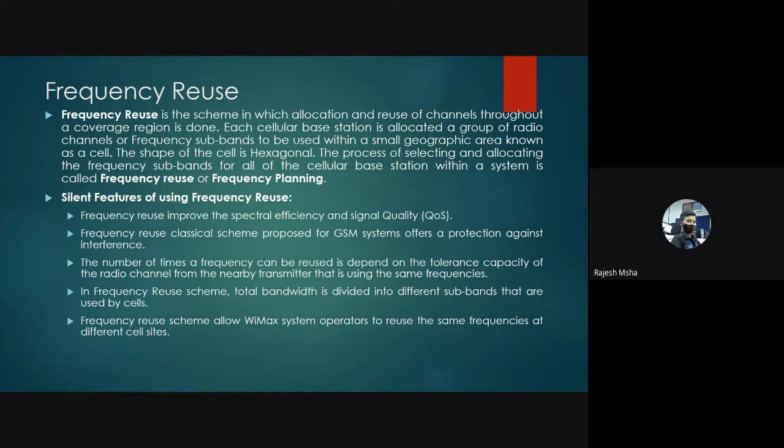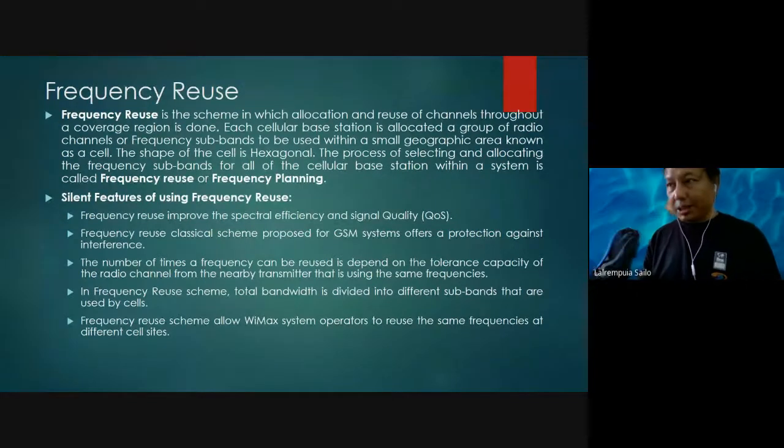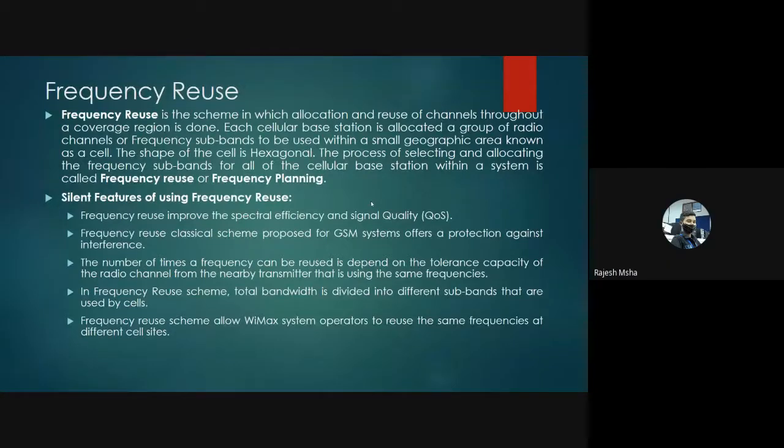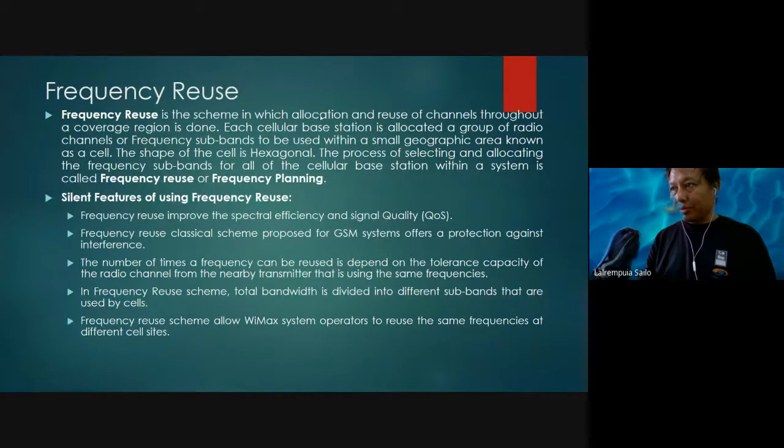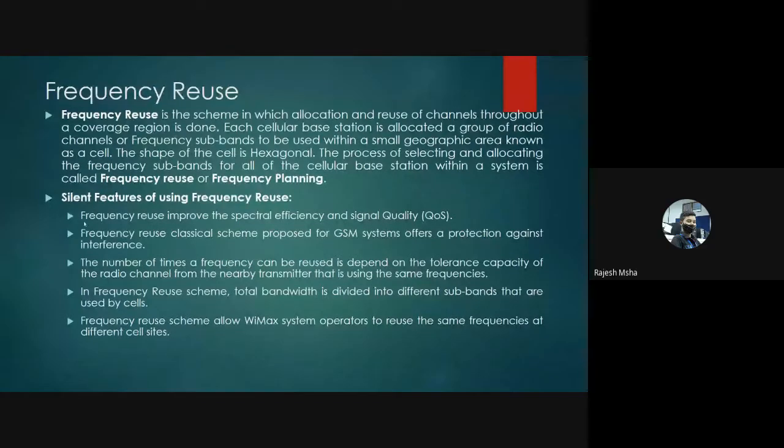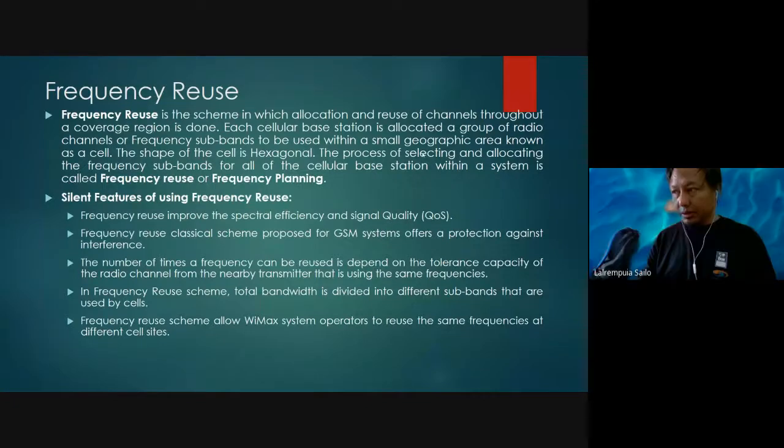So actually, we cannot see the whiteboard. Whatever you explain, you cannot see. Yes, sir. Can you see my presentation right now? Yes, sir, the frequency reuse, that one we can see.